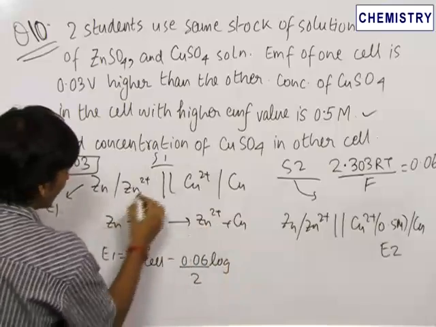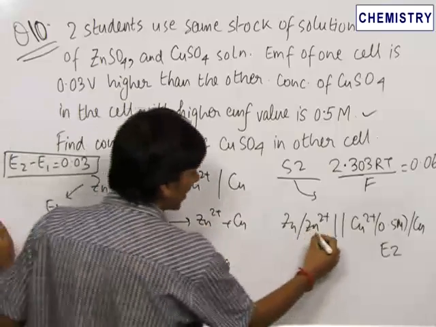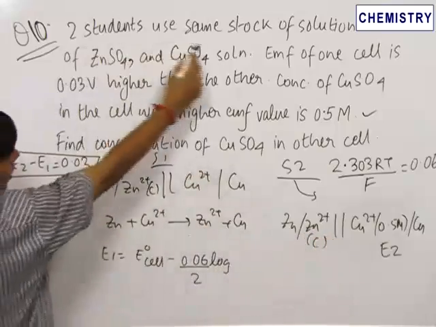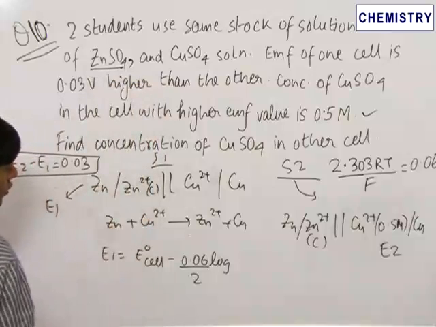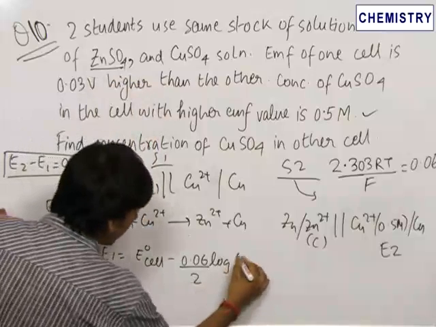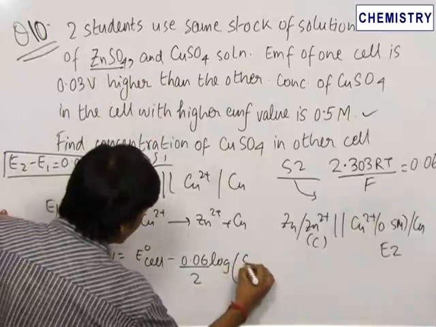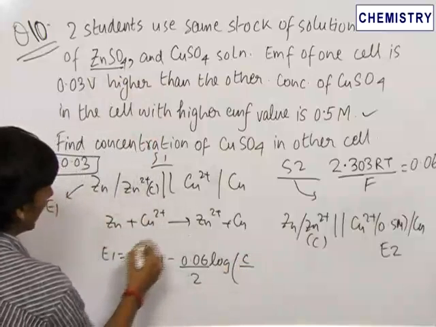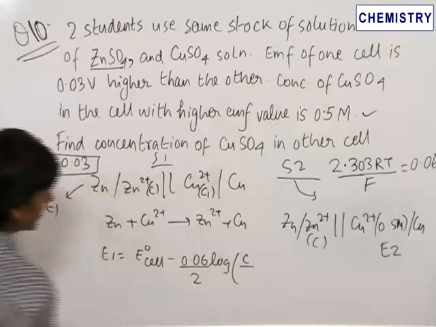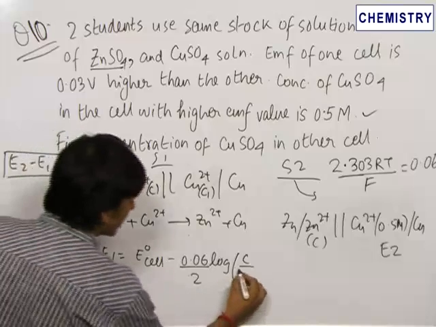Let us take the concentration of Zn2+ to be C in both the cases, because it is given that both of them take the same stock of ZnSO4 solution. Therefore this becomes log of C upon C1, letting the Cu2+ concentration be C1 in this case.